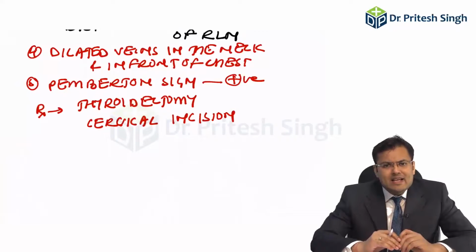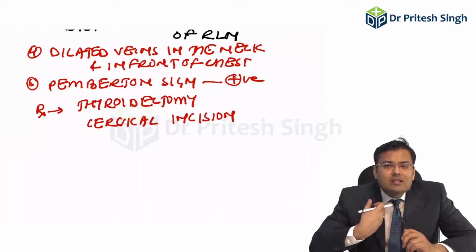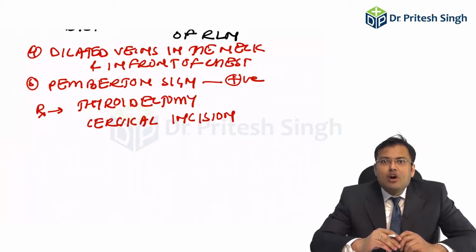Before discussing anything else, I want to tell you certain definitions that sometimes you people are confused between: what is radioactive iodine uptake, what is radioactive iodine scan or thyroid scan, what is hot nodule and what is cold nodule. Now very simple.